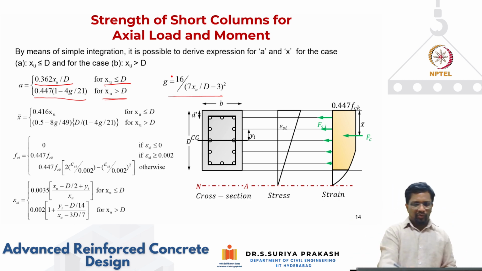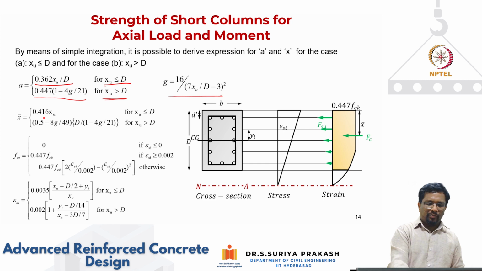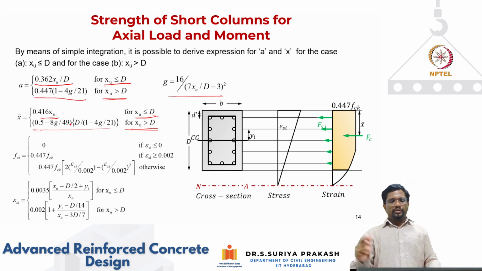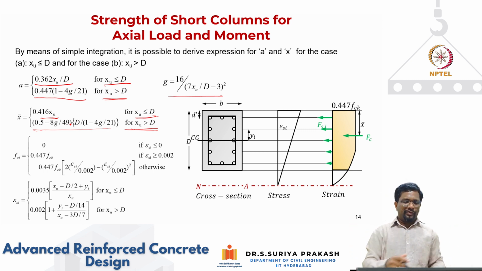When XU becomes more than depth, A becomes 0.447 times 1 minus 4G by 21, where G is given as 16 by 7 times XU by D minus 3, whole square. Similarly, X bar is 0.416 XU, we know this is the location of your compression force. And then when XU becomes more than D, this is the critical condition, the expression for X bar is expressed in terms of G like this. So when you do this integration, equate them and simplify that, you will get these expressions, right?